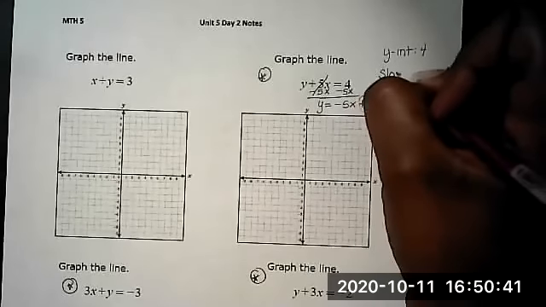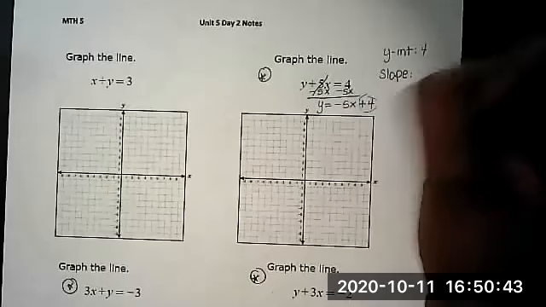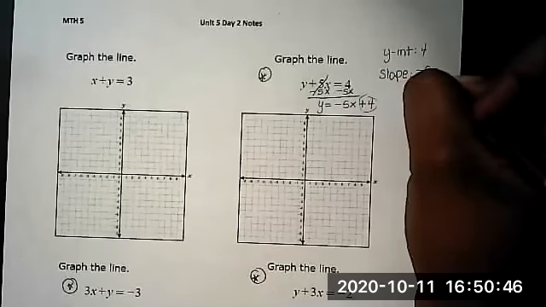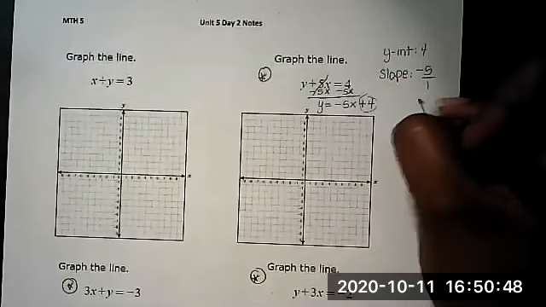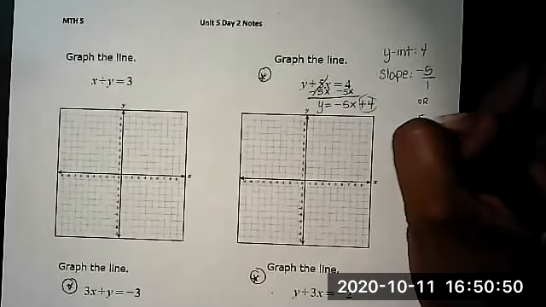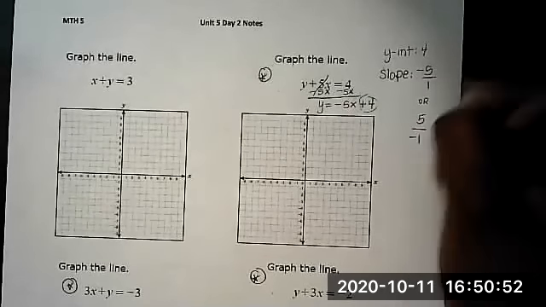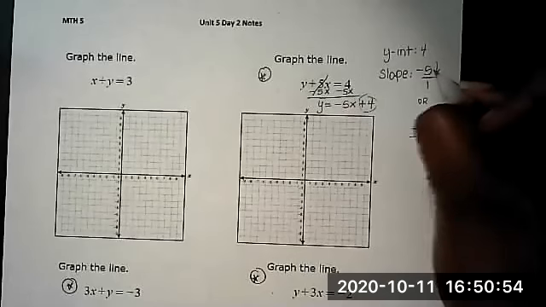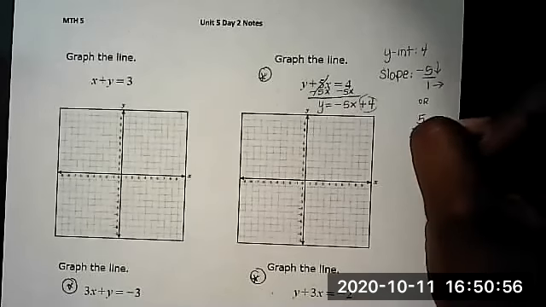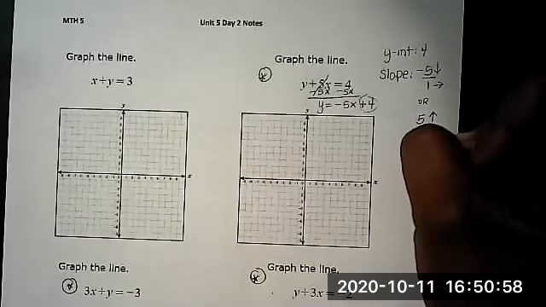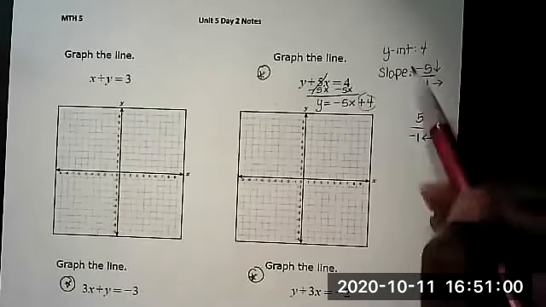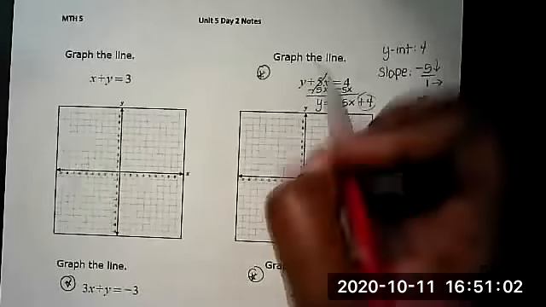Slope here looks like -5 over +1 or +5 over -1. And I'll put the arrows down 5, right 1, or up 5, left 1, okay? So let's start with our y-intercept of 4.